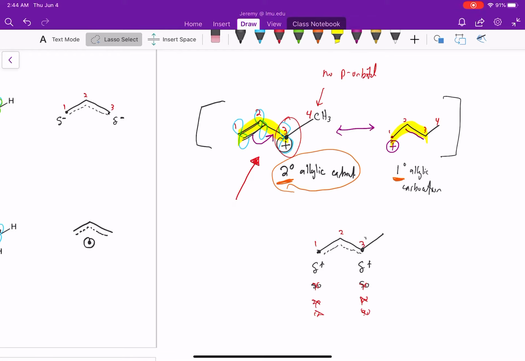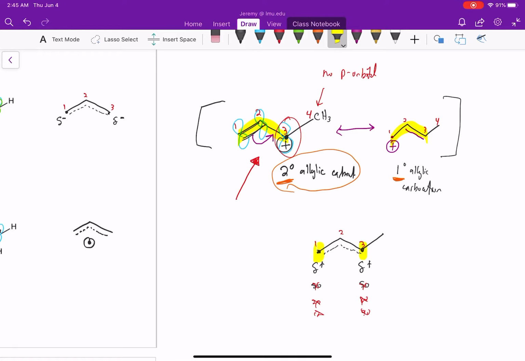But what we can say is that this carbon 3 will have more of the positive charge on it than carbon 1. And we don't really designate that. There's no way to designate that by writing it. But we just sort of need to know, because this is secondary allylic, that there's going to be a lot more positive charge at carbon 3 than there is compared to carbon 1, all right?